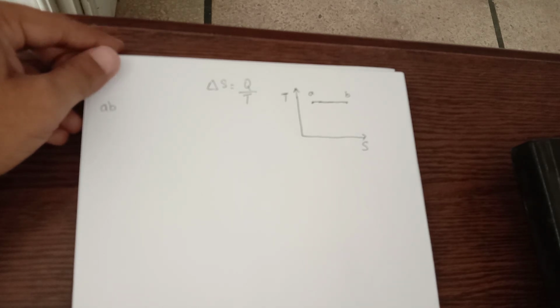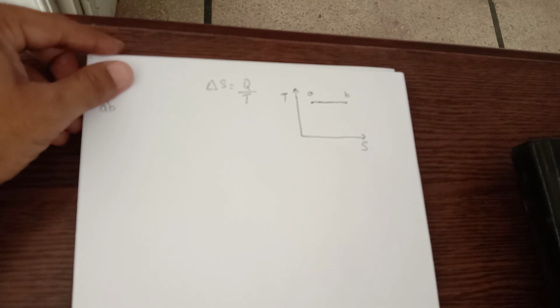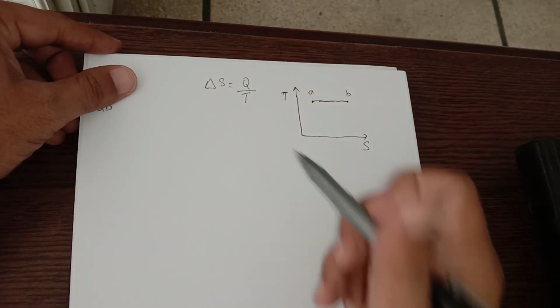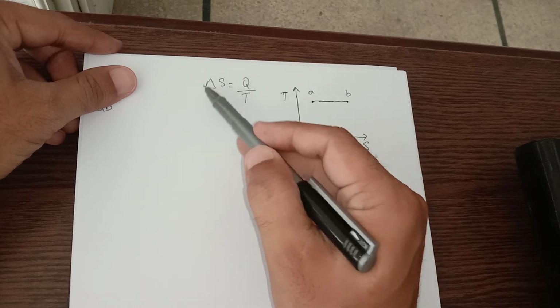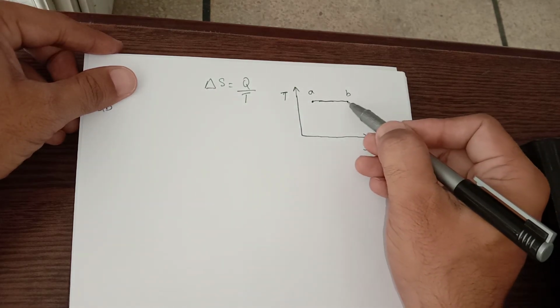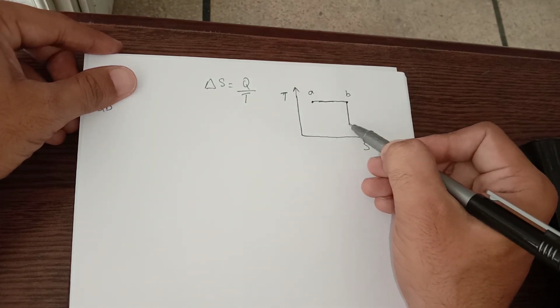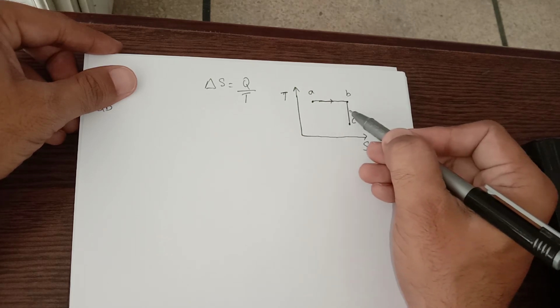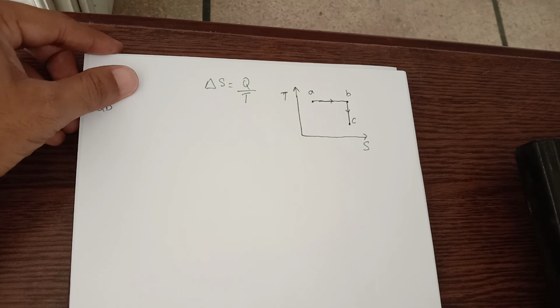Since BC was an adiabatic process, no heat is added or removed from the system, which means Q is equal to 0. When Q is 0, the change in entropy is 0. So between B to C, the change in entropy is 0.